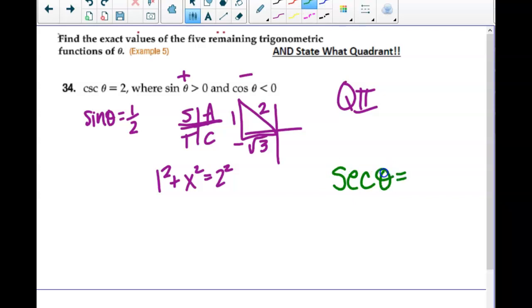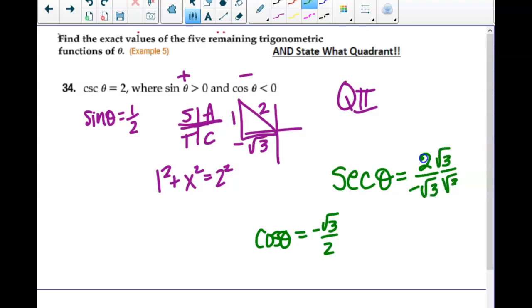Okay. Secant would be, well, cosine would be adjacent over hypotenuse. No, that would be adjacent over, try that again. Cosine would be adjacent over hypotenuse. So secant would be hypotenuse over adjacent.